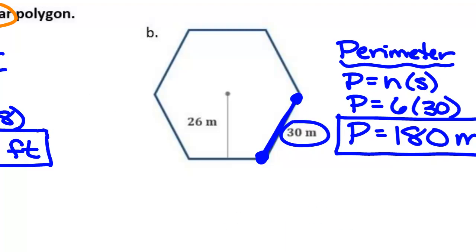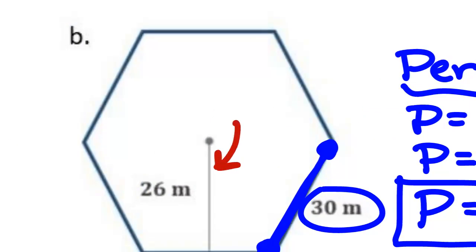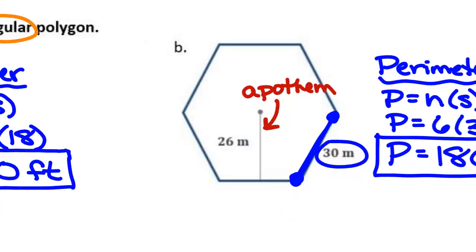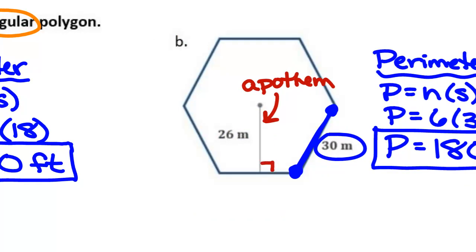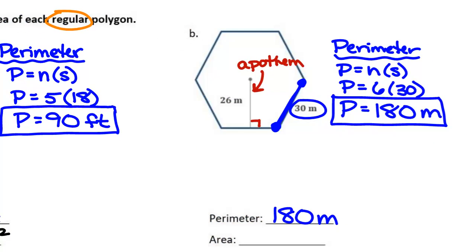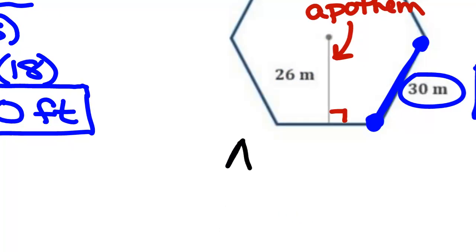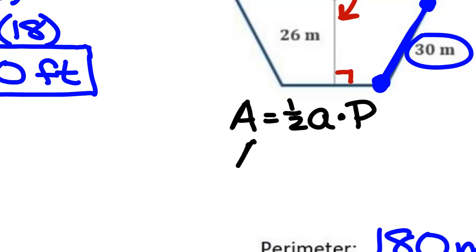And then this segment right here, what is that? That's an apothem, yes. It goes from the center to the side, and makes a right angle where it hits the side. Because they gave us the apothem, we're going to use area equals 1/2 times the apothem times the perimeter.